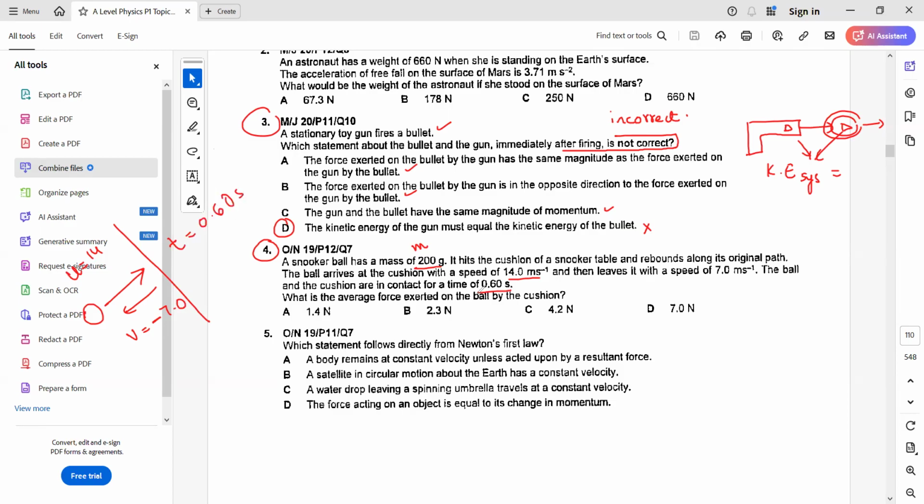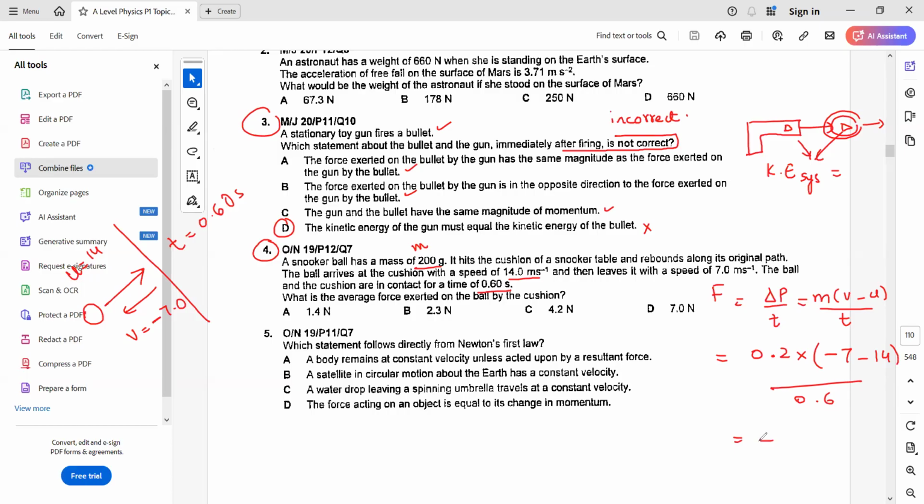Okay, so average force. We can simply use the equation where force is change in momentum over time. So that would be final momentum minus initial momentum over time. Mass is given, that should be 0.2 times final velocity, which is -7, minus initial velocity, 14, over time, 0.6.